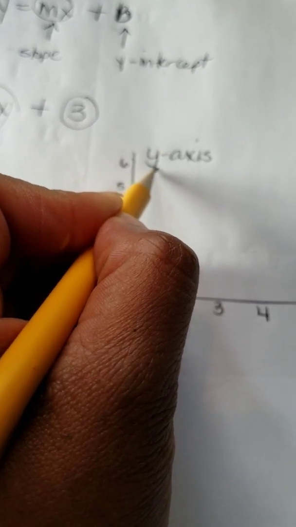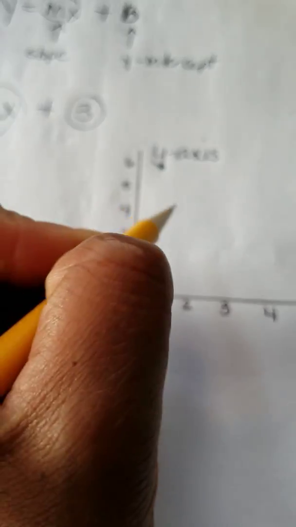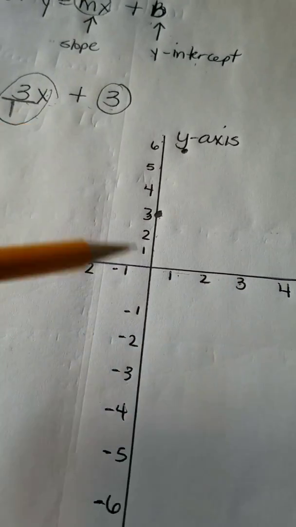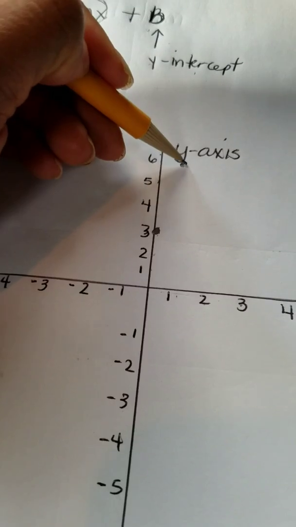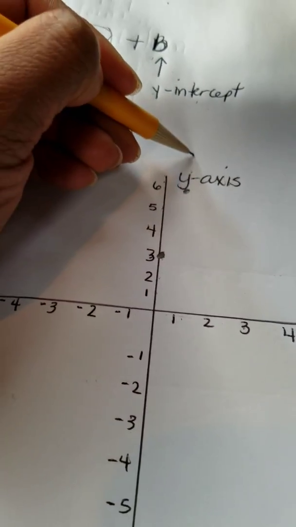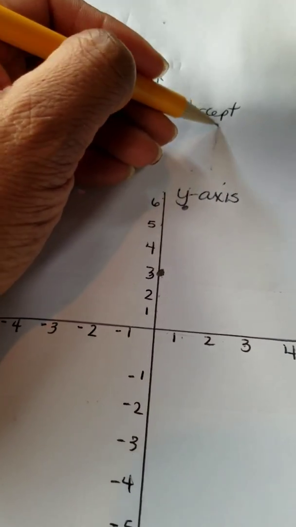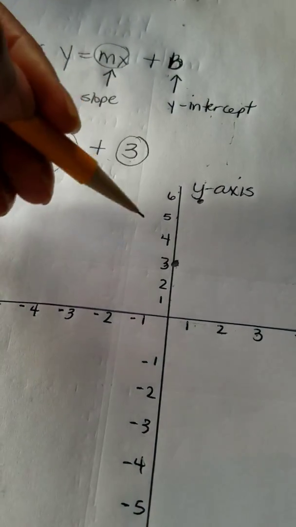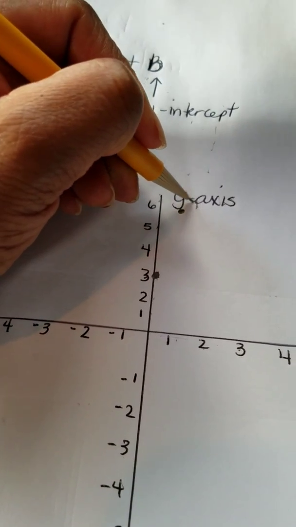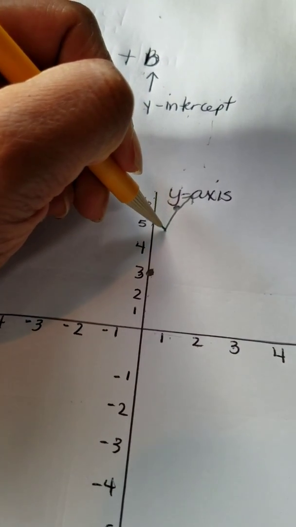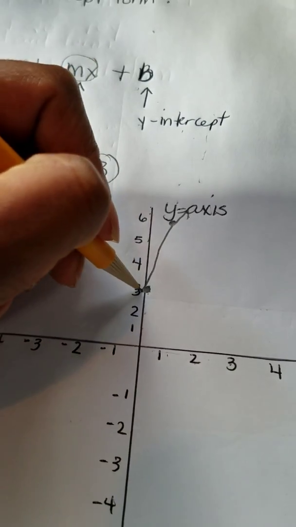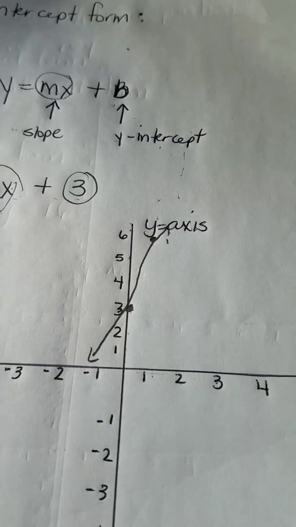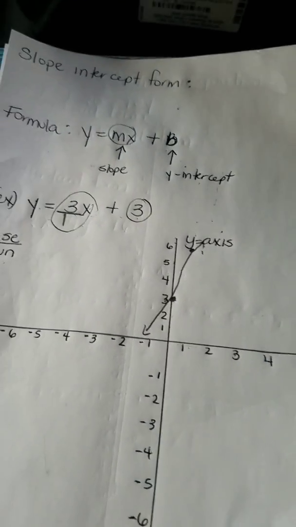This is where I would plot my next point. Now I would draw my line. I can go 1, 2, 3 up and 1 across again, 1, 2, 3 up and 1 across again, and that would give me my slope-intercept line. So I'm going to draw a line just like so, but of course I would use a ruler. And basically that's how I would graph slope-intercept form.